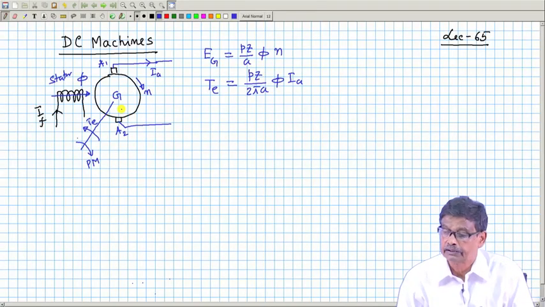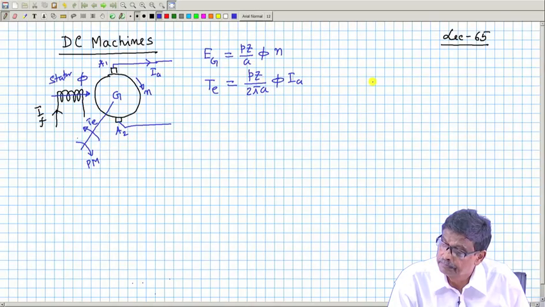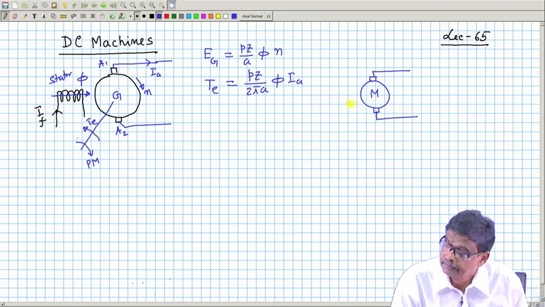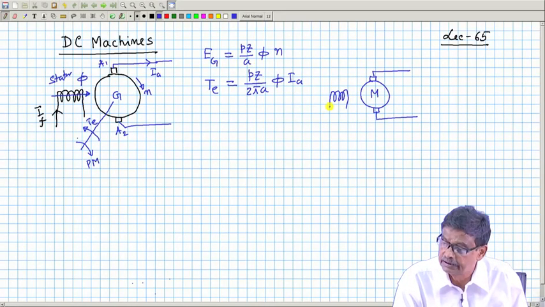in case of generator. On the other hand, in case of a motor, motor mode, this is the brushes and this is the field winding. Separately excited machine we are considering.